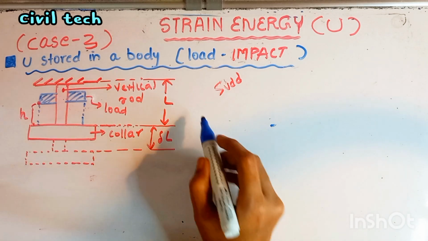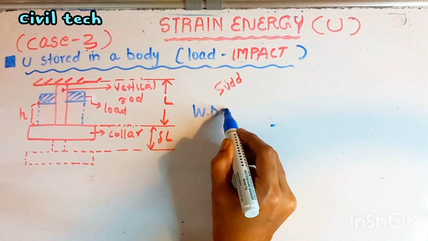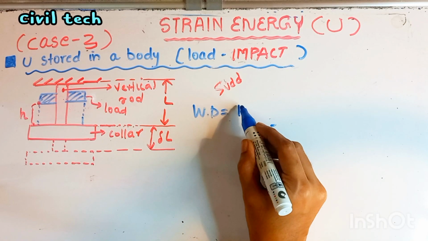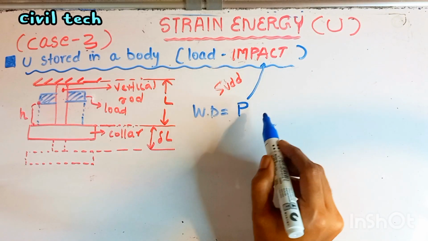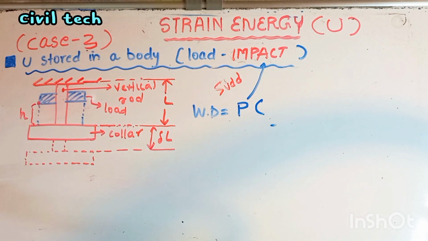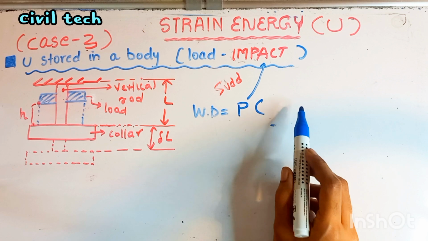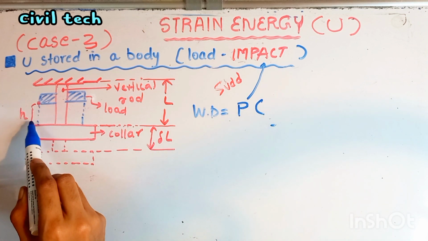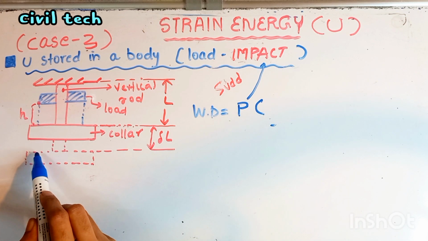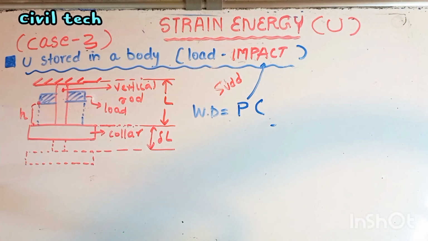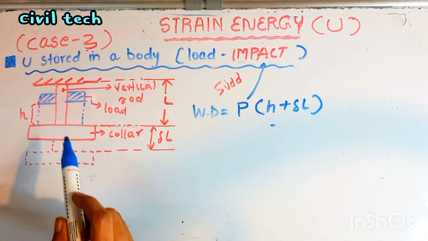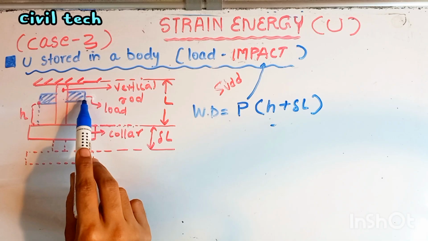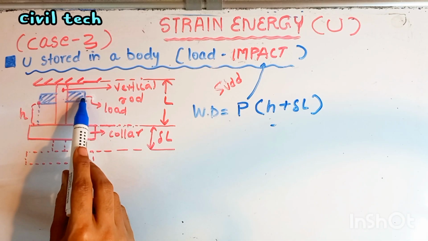Now the work done is equal to force into displacement. The load is P, which is the impact load, P into the displacement, which becomes H plus delta L. Suppose this is the initial position of the load.